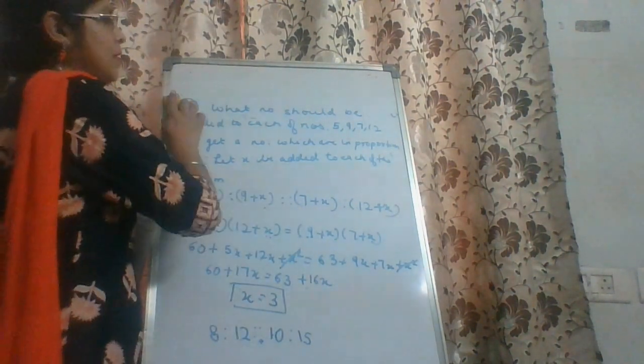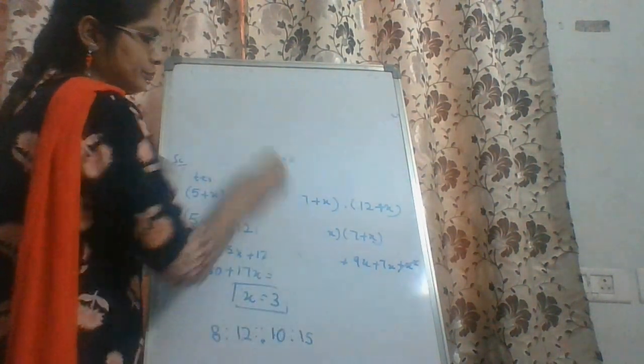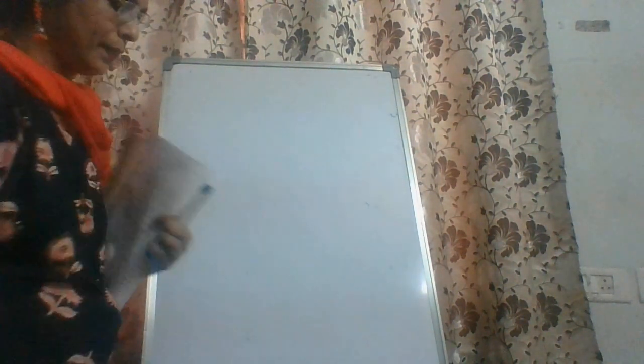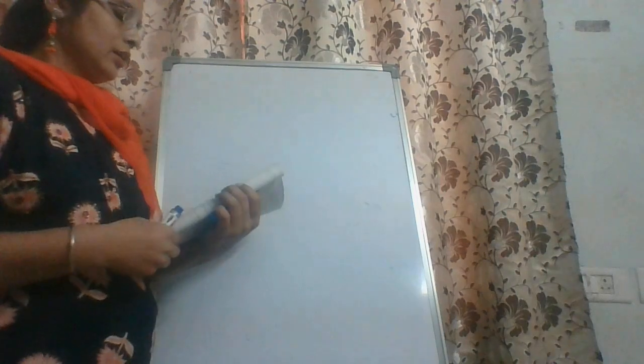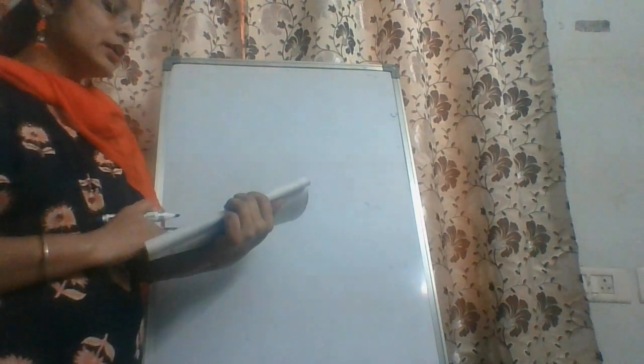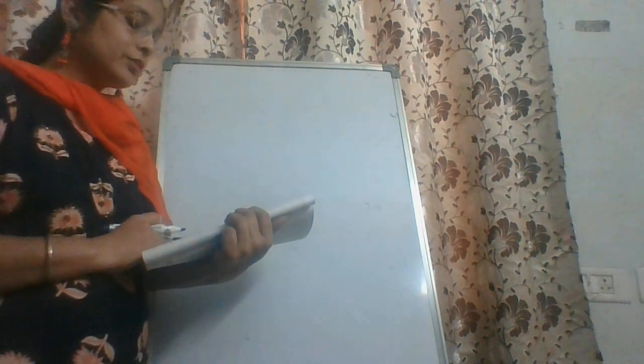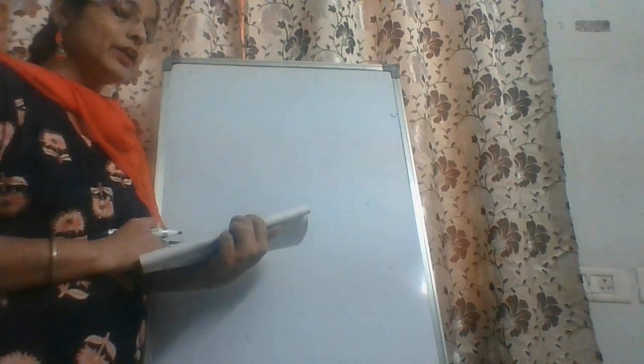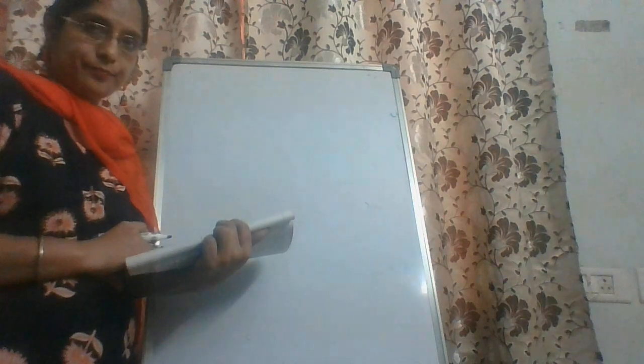Let us do one last question now. At a certain time, a tree 6 meters high casts a shadow of length 8 meters.